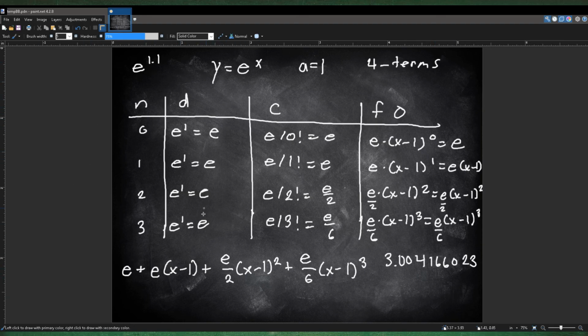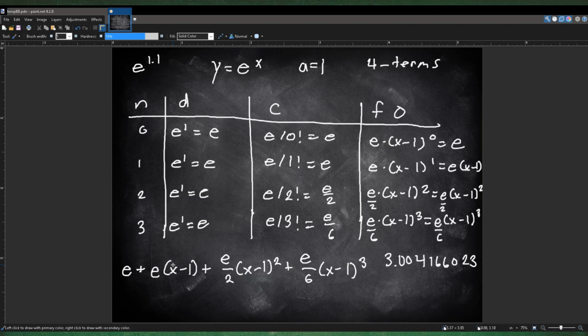Now, if we want to find it using the Taylor series as a close approximation, x is equal to 1.1. So we could just plug in here. So e plus e times 1.1 minus 1, which is just 0.1, right?